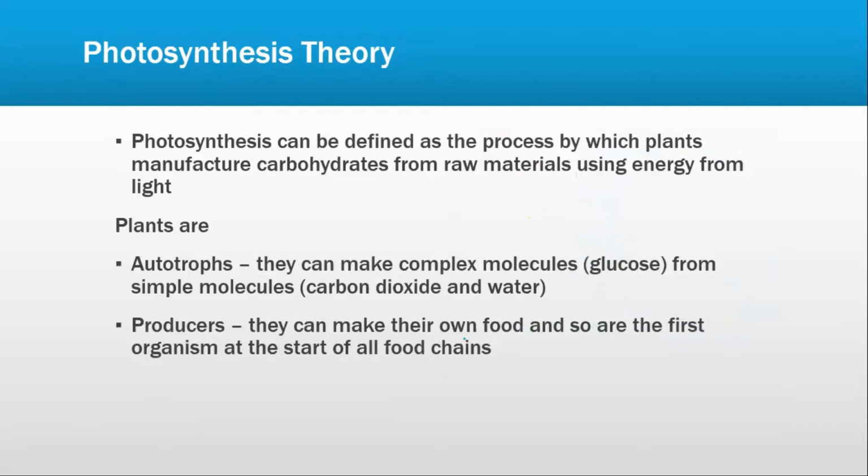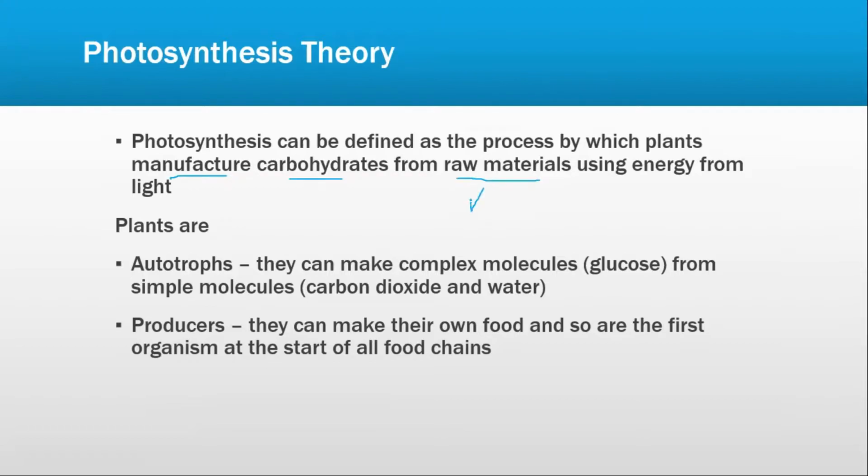Then we have a term known as photosynthesis theory. Now, theory is actually the definition. What do scientists usually call photosynthesis? Which process do they define as photosynthesis? Photosynthesis can be defined as the process by which plants manufacture, make, produce, synthesize carbohydrates from raw materials.